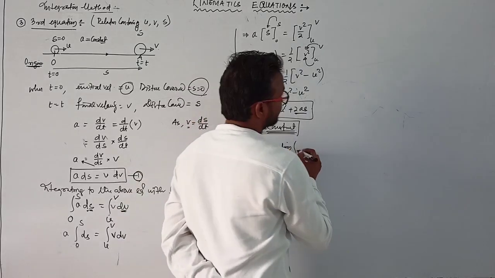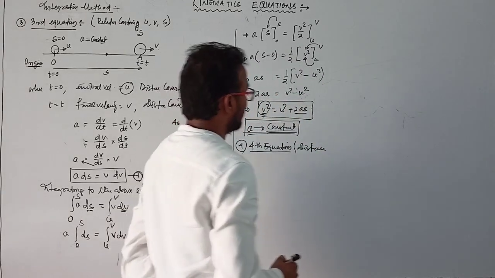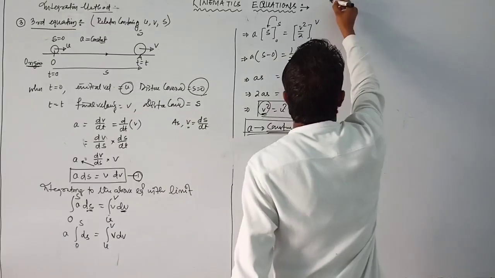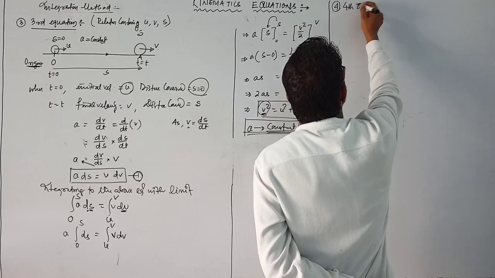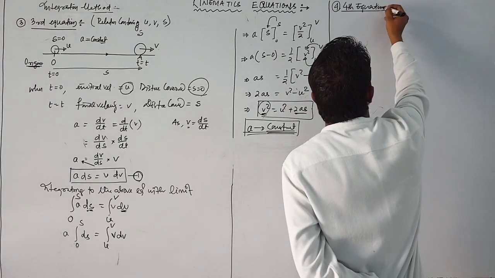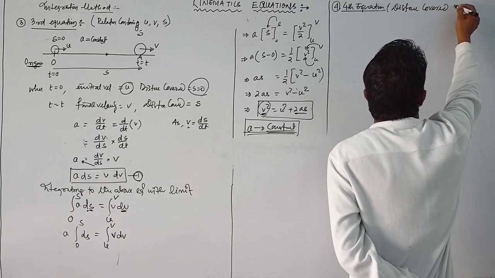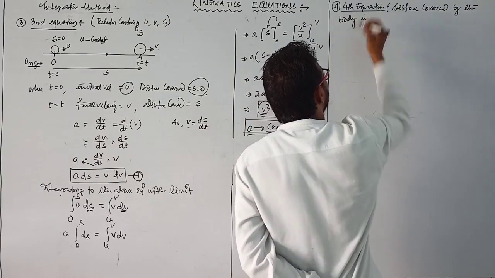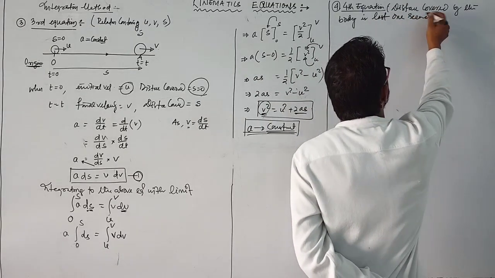That means the distance covered by the body, I am writing here, fourth equation in kinematics: distance covered by the body in the last 1 second.